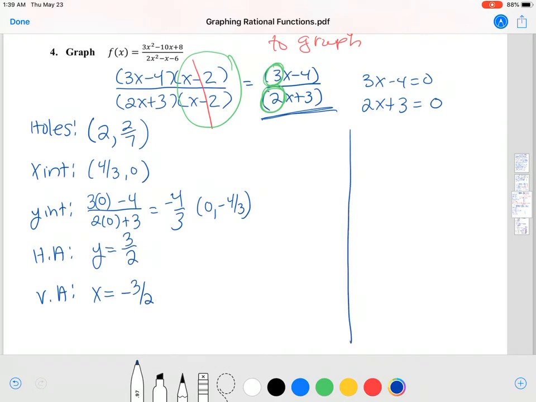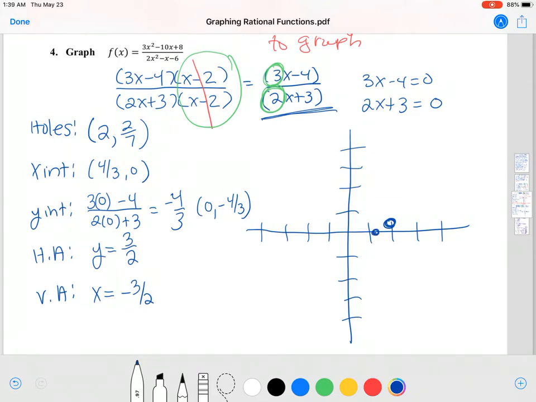Now we're going to put this all together. Using a scale of 1, I have a hole at 2, 2/7. So over 2, up here somewhere less than 1. Then I have an x-intercept at 4/3, and that's 1 1/3.